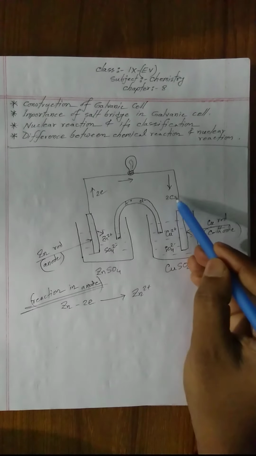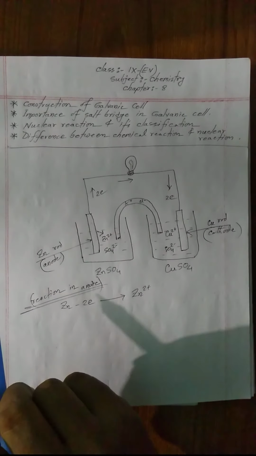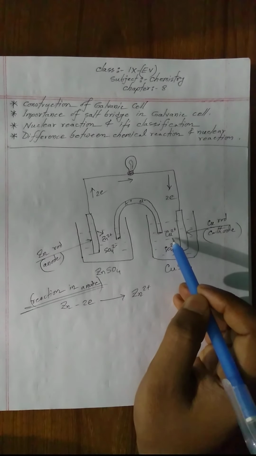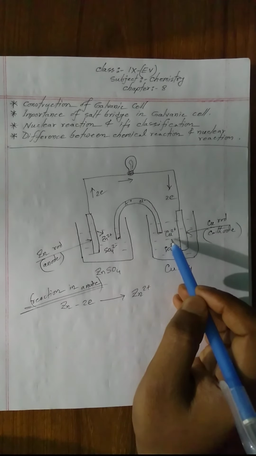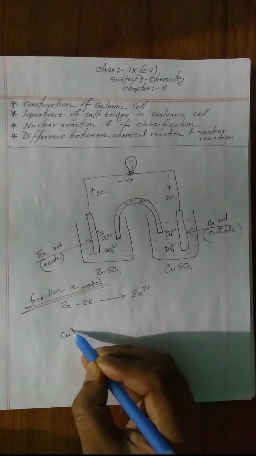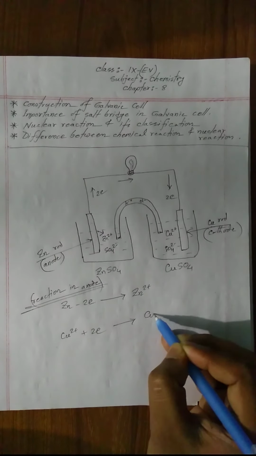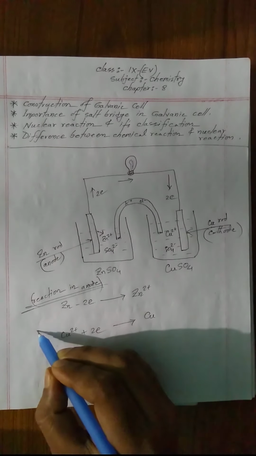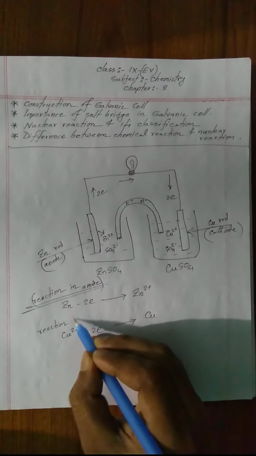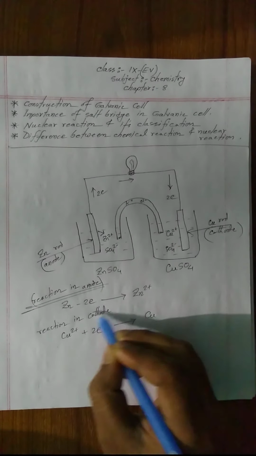When the two electrons reach the cathode, the copper ion from the solution receives those two electrons and forms free copper. This is the reaction in the cathode.